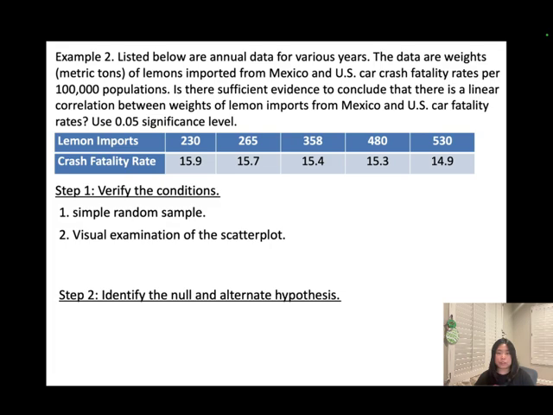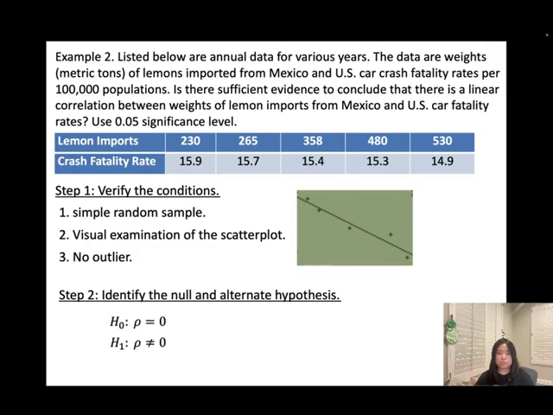So plug into your calculator, you should have this picture. Right? They do have the straight line pattern and there is no outlier. Okay, the null and alternate hypotheses will be equal to 0 and not equal to 0. Two-tailed test.